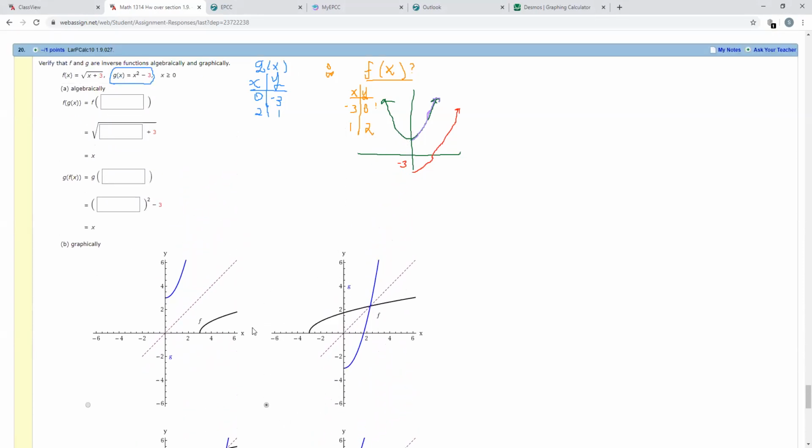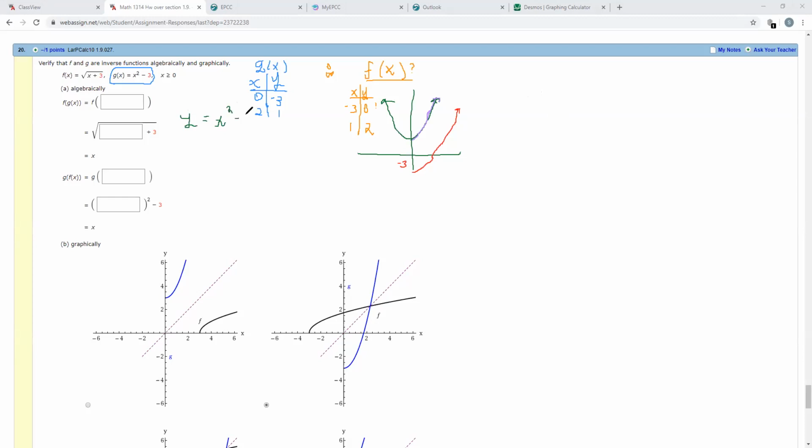Now the other part is, just to use this problem as an opportunity, if we pick any one of these, say we pick the g of x and we write y equals, instead of g, what if we write y equals x squared minus 3?